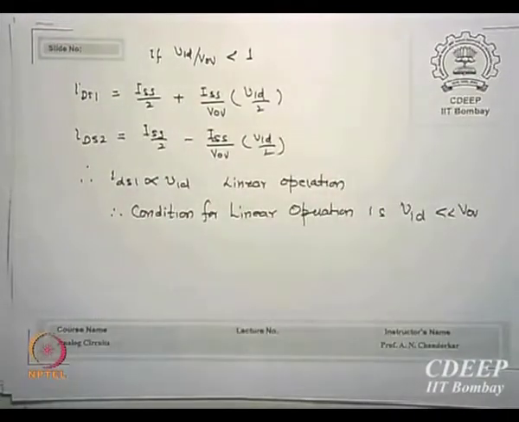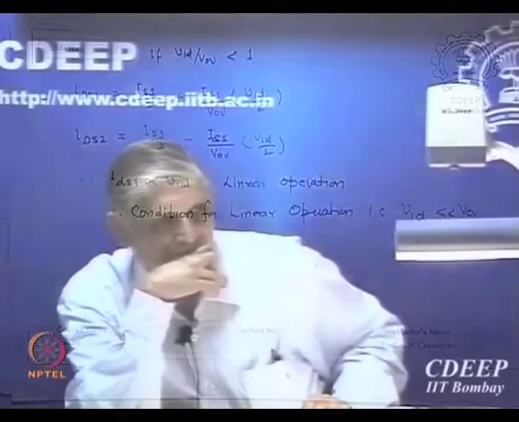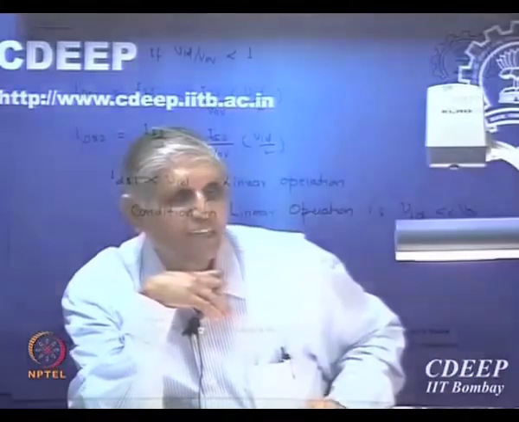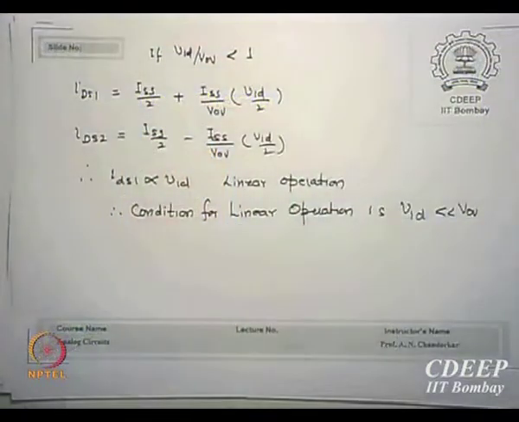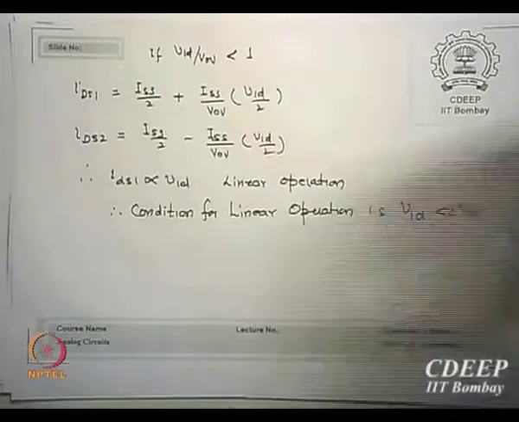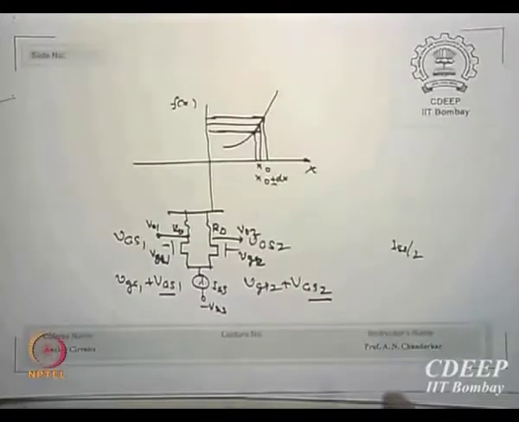Is that point clear? So under what condition was linearity held for AC? That the small signal VID must be much smaller than capital VGS minus VT. The day one I started with you an expression, this is the condition. As long as you are in the dx range, linearity is held.